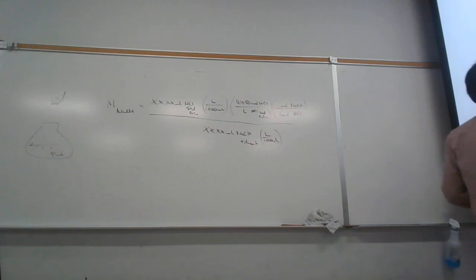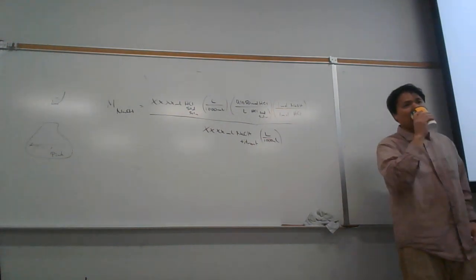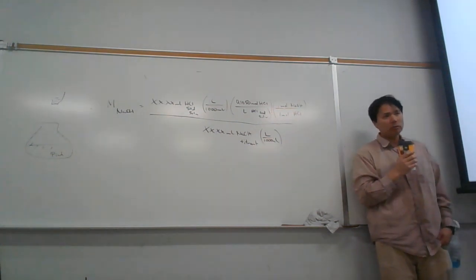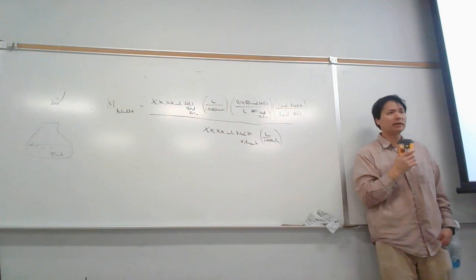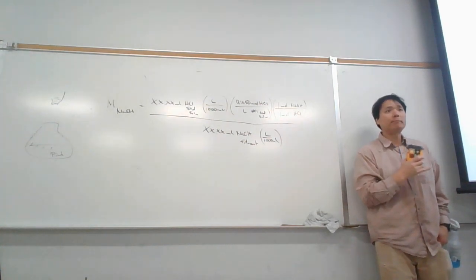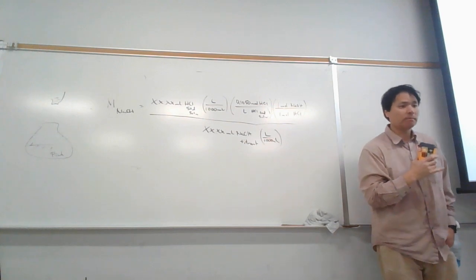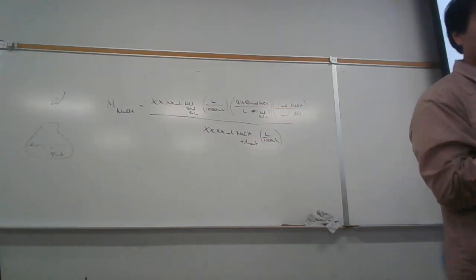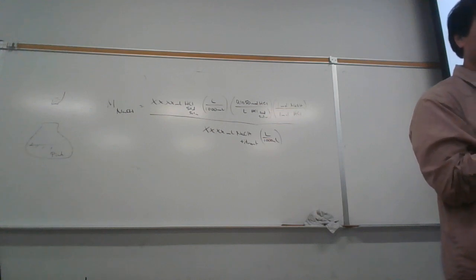You added 4 drops instead of 2 drops of phenolphthalein. And so I told you what phenolphthalein is. Phenolphthalein is a dye, but it's an acid. And in acid, the dye is pink. Or no, that's wrong.